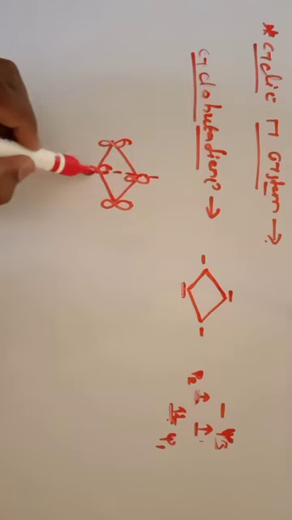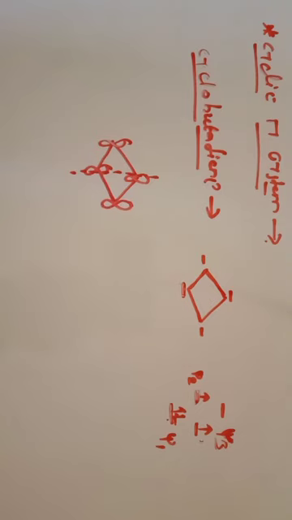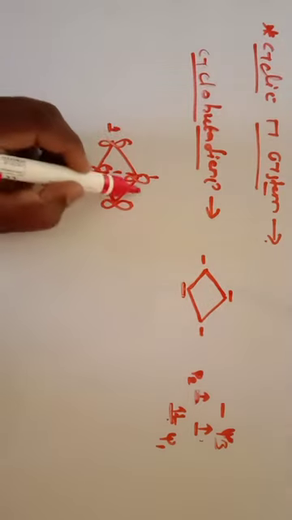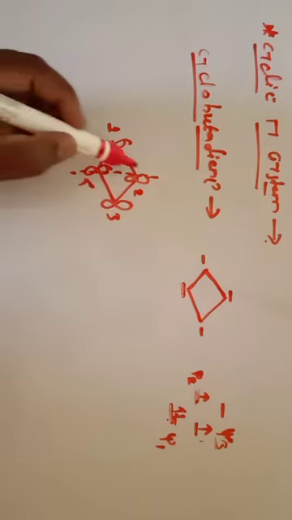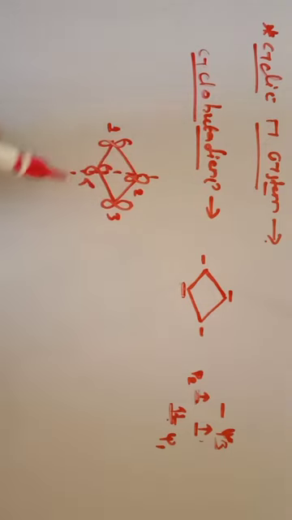So this is the node which passes through two carbons. If you consider carbon numbers 1, 2, 3 and 4, the node passes through carbon number 2 and carbon number 4. This is one node.